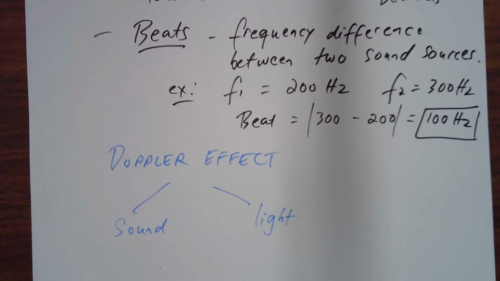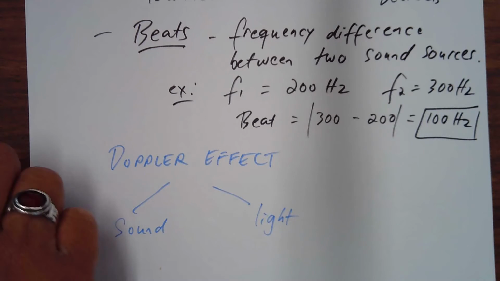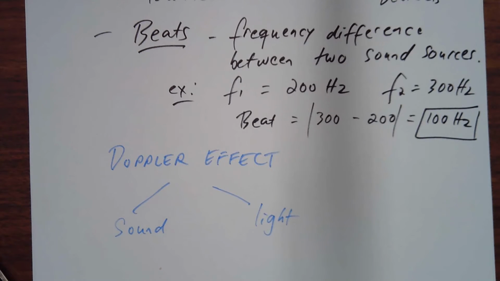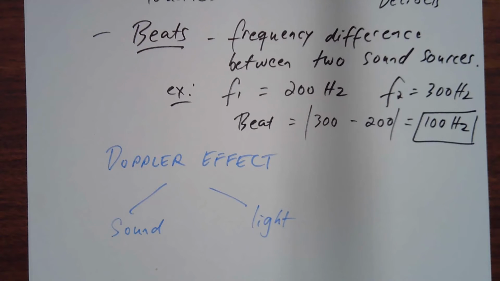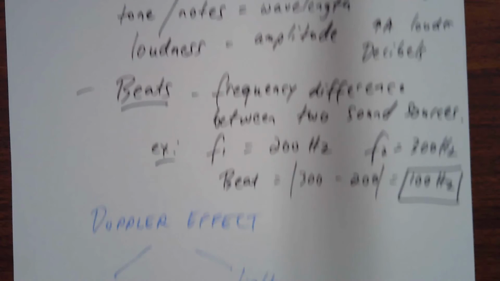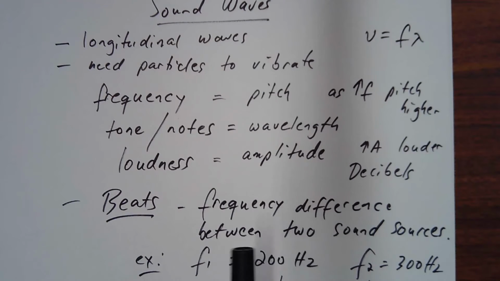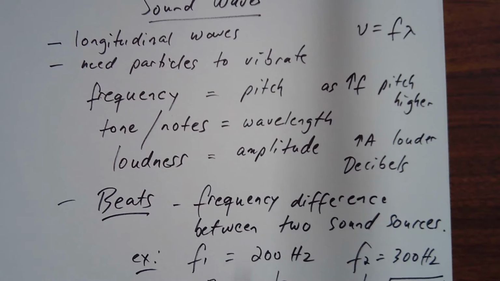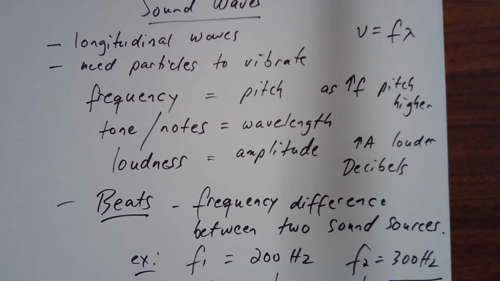Okay, so what happened there? Let's talk about the pitch. We're looking at pitch, tone, and loudness, right? When it was coming towards you, was it getting louder? That was easy, right? Because when a sound source is coming towards you, it's going to get louder and louder, and when it goes away, it gets quieter.